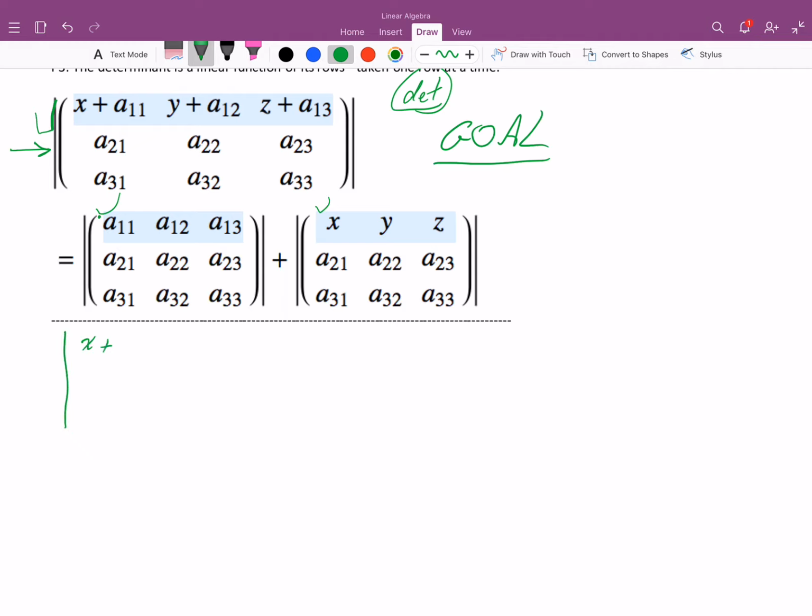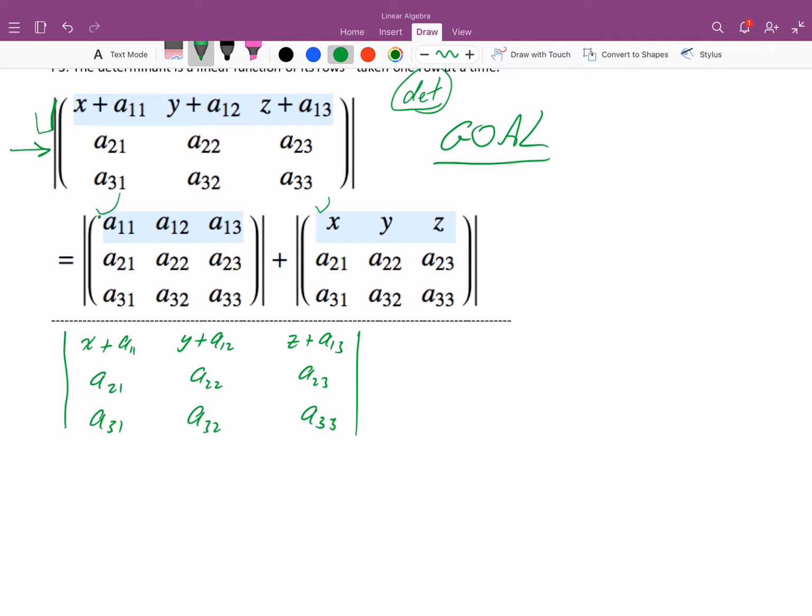So we have x plus a11, y plus a12, and z plus a13, and here we have a21, a22, a23, a31, a32, a33.